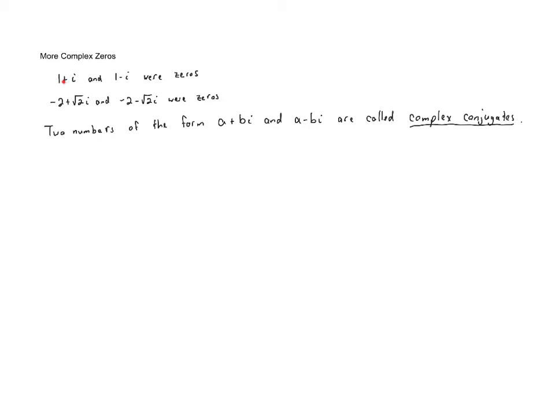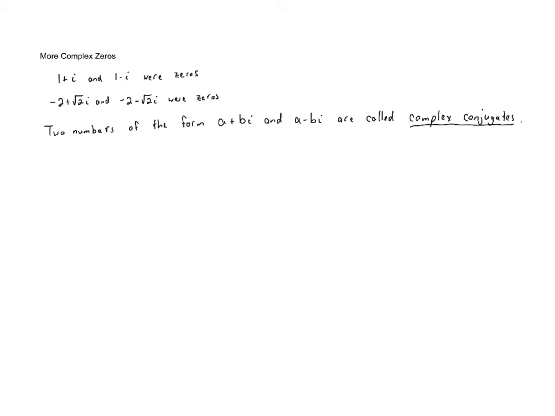So we've got 1 plus i and 1 minus i, and then we've got -2 plus root 2i and -2 minus root 2i. And in general, when we're looking at polynomials with real coefficients, if we have one complex number as a zero, we're also going to have its conjugate as a zero.